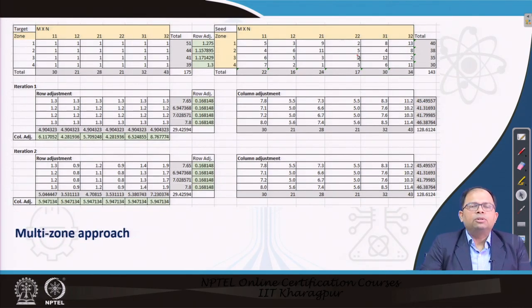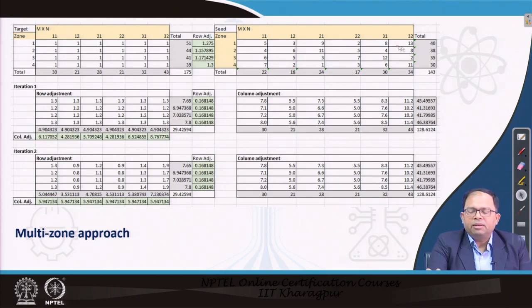Or it could be a multi-zone approach, where let us assume that the zone level seed data is not available. Here the seed data is available, but it is the total seed data for this sample population, not for each zone.